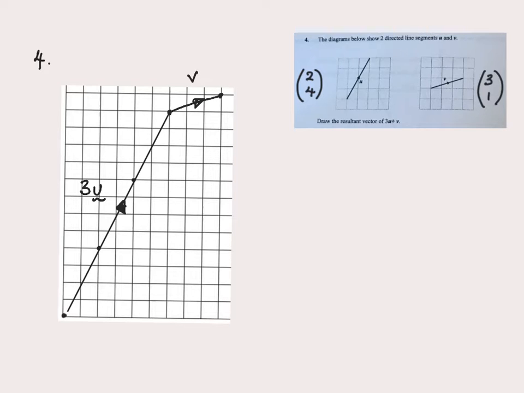There is the vector v there. Now what we want then is a single line like so, and that is the vector, with, of course, the arrow indicating direction. That's the vector 3 lots of u plus v.